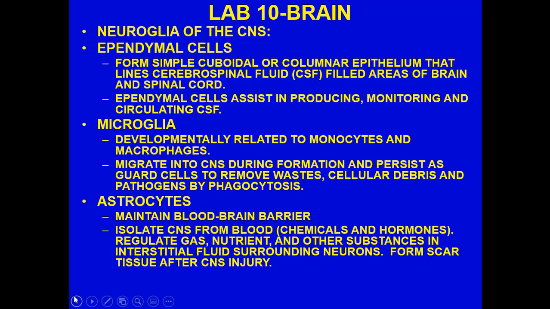They will also form scar tissue after CNS injury. This is where you get the formation of things like lesions or plaques, where the cells have been damaged and where they don't get replaced.